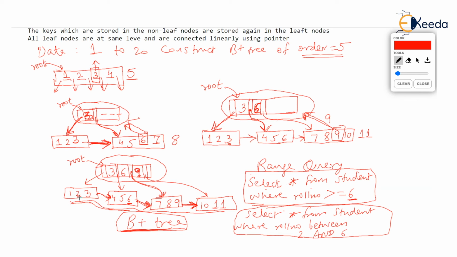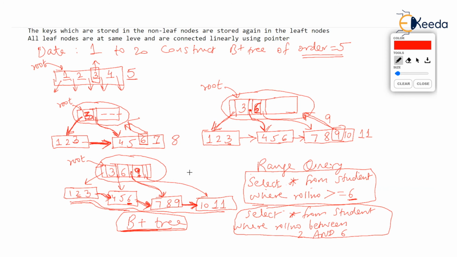So you will just check the next roll number. Okay, 3 is the next roll number. Then you will use the next pointer here and approach the next node, which is 4, 5, and 6. As soon as you approach 6, you will stop and say, I have found all the roll numbers between 2 to 6. So range queries are very much possible with B plus tree.